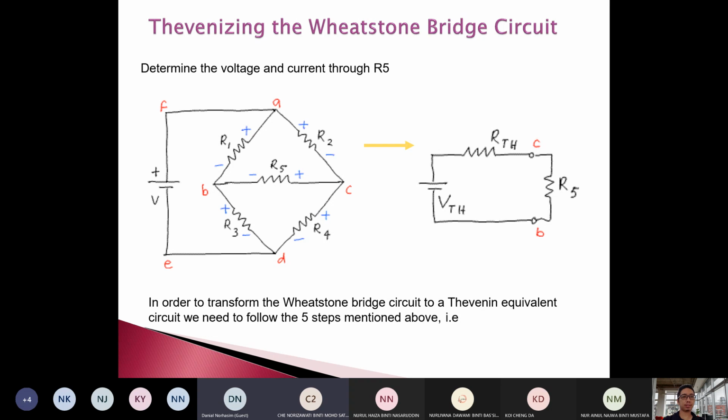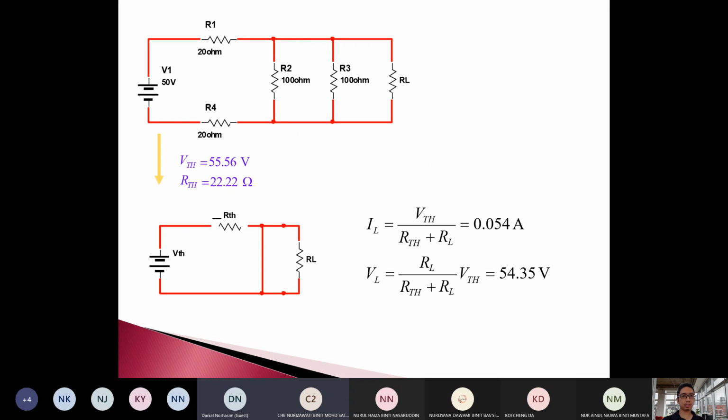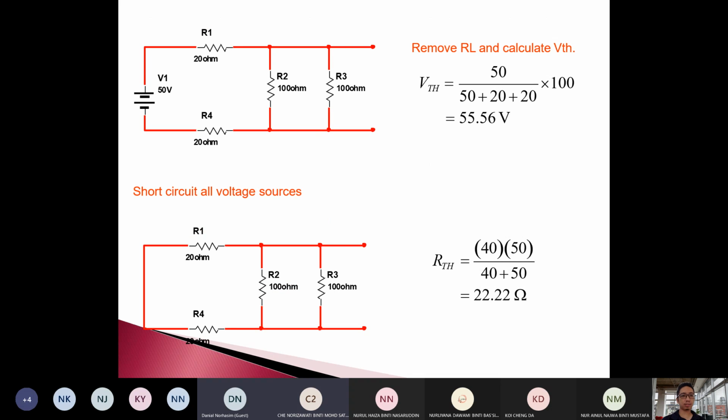Doktor, boleh tak kalau doktor macam yang RTH tadi, yang slide sebelum ni, yang ni. Yang ni saya macam RTH ni macam mana datang 40, 50 ni saya tak faham.